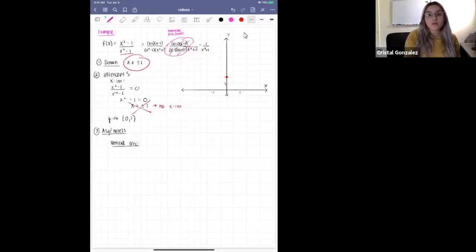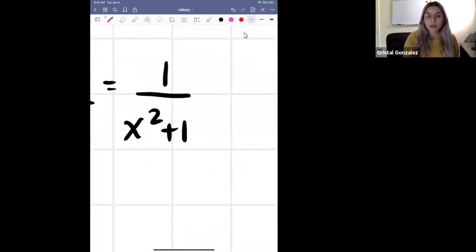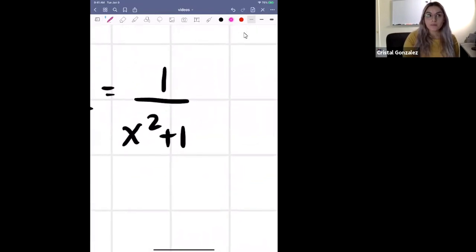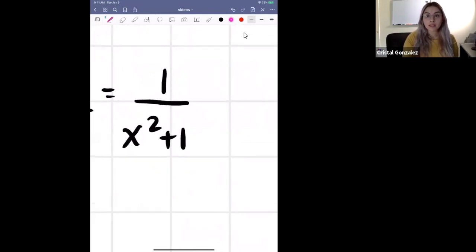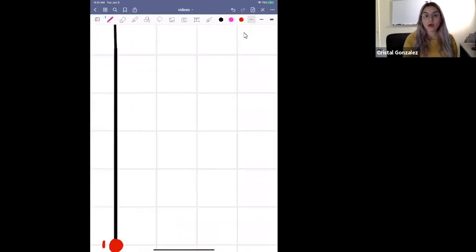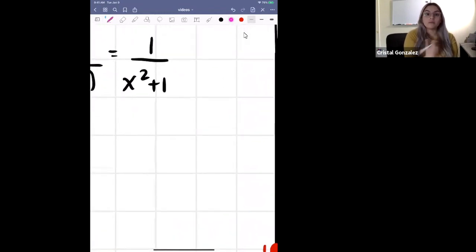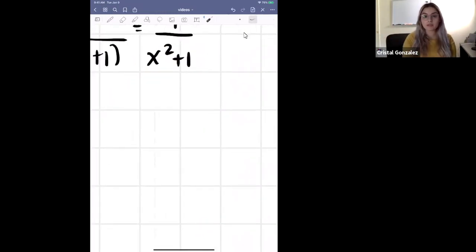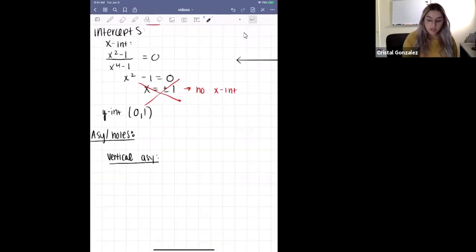And so the only thing that's left in the denominator is this x squared plus 1. But no matter what I put into that, I'm never going to get 0. So I actually don't have any asymptotes. Nothing will ever make it 0, because this x squared will always be positive, plus 1 will always be greater than 0, no matter what I plug into that.